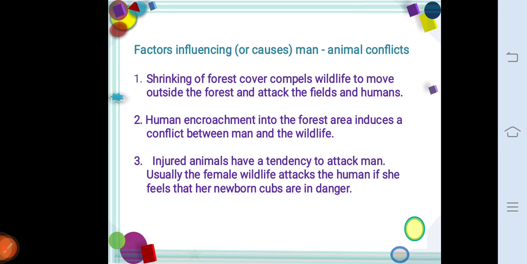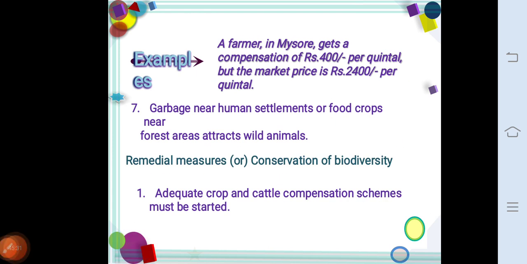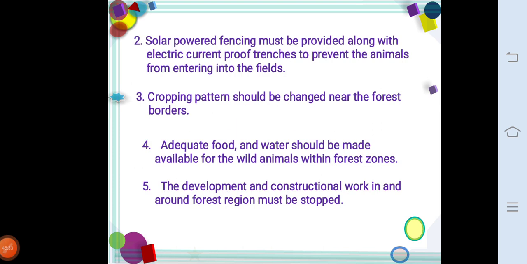Conservation of biodiversity, wildlife complexes, and adequate crop and cattle compensation schemes must be started. Solar powered fencing must be provided along with electric current proof trenches to prevent the animals from entering the fields.